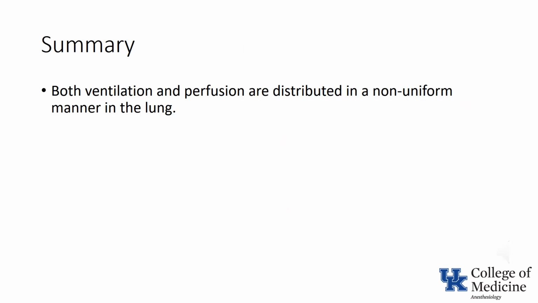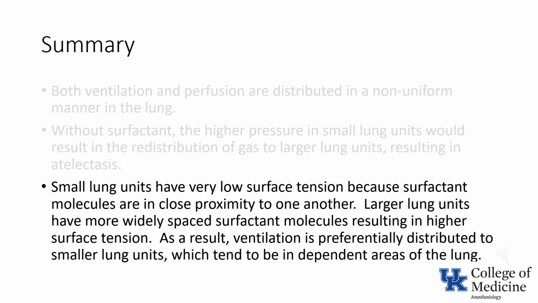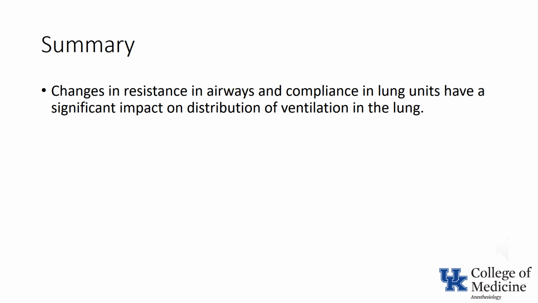In conclusion, both ventilation and perfusion are subjected to forces which result in non-uniform distribution in the lung. Atelectasis would be more common in the absence of surfactant. Surfactant is critical to minimizing differences in the distribution of ventilation. Airway resistance and lung compliance affect distribution of ventilation.